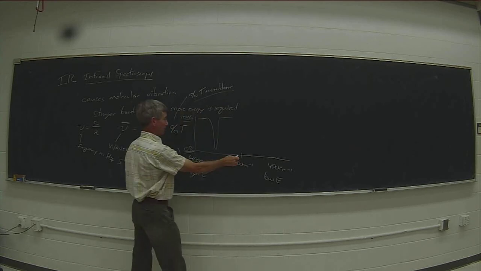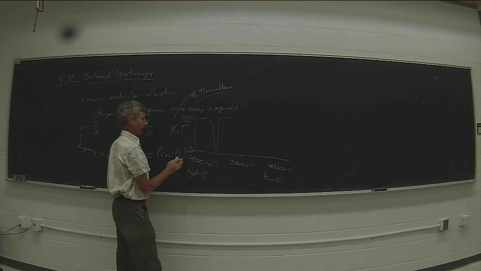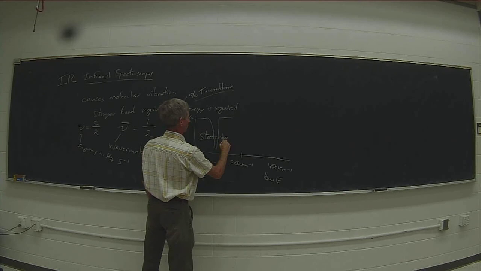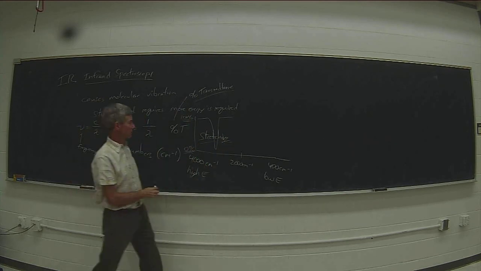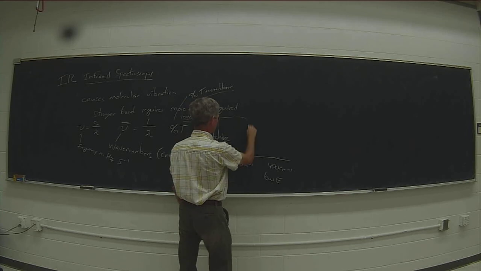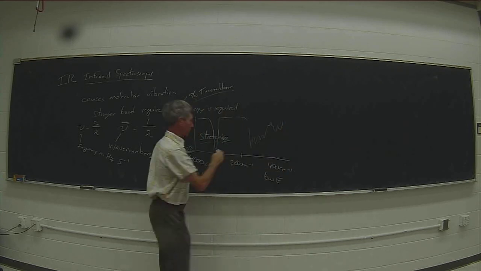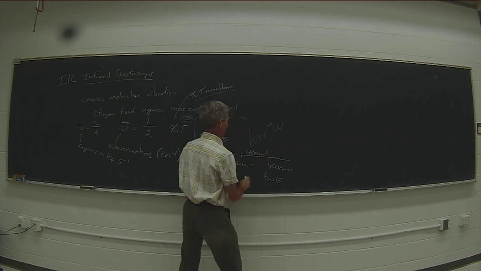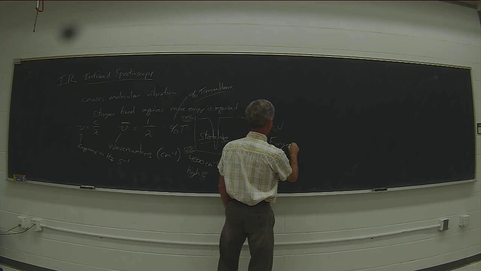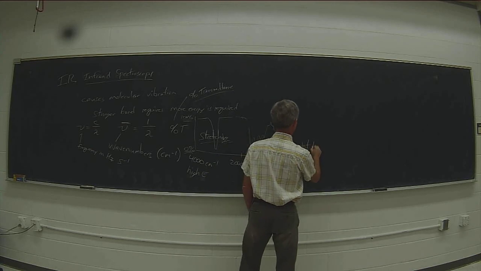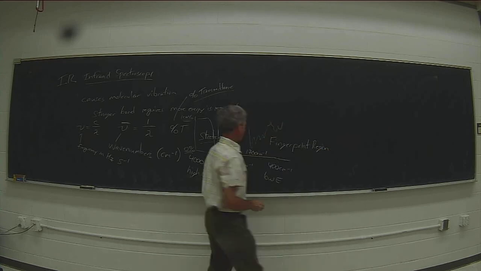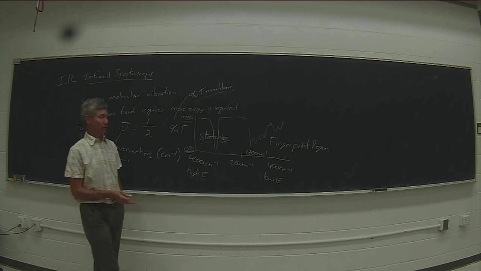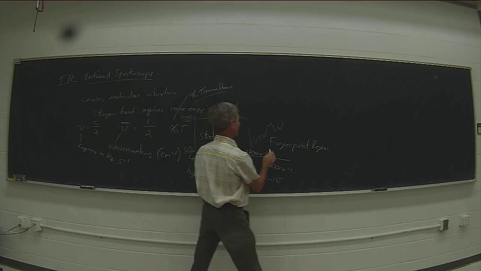The region from 2,000 to 4,000 reciprocal centimeters is typically where you'll see bonds stretching. And then the region down between 400 and about 1,700, known as the fingerprint region, has stretching vibrations for lower energy bonds, but then it also has bending vibrations as well.